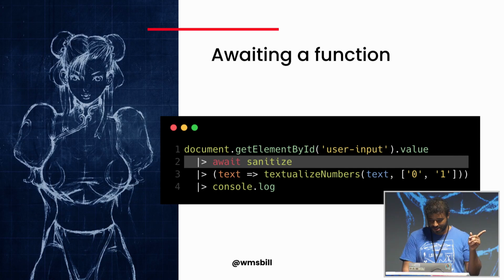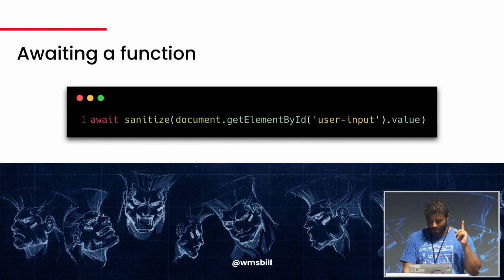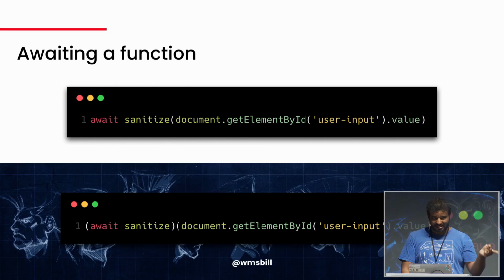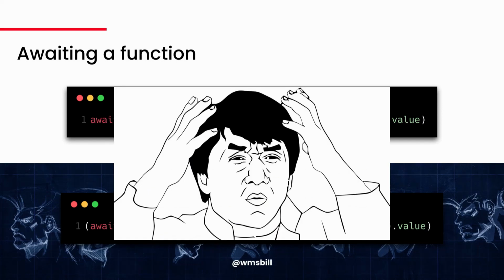I can desugar this to await the sanitize call with the parameter from the previous step, or await the sanitize, and then the result will be a function to which I then send the parameter. So it's tricky to reason about which one of those could be the sugar.